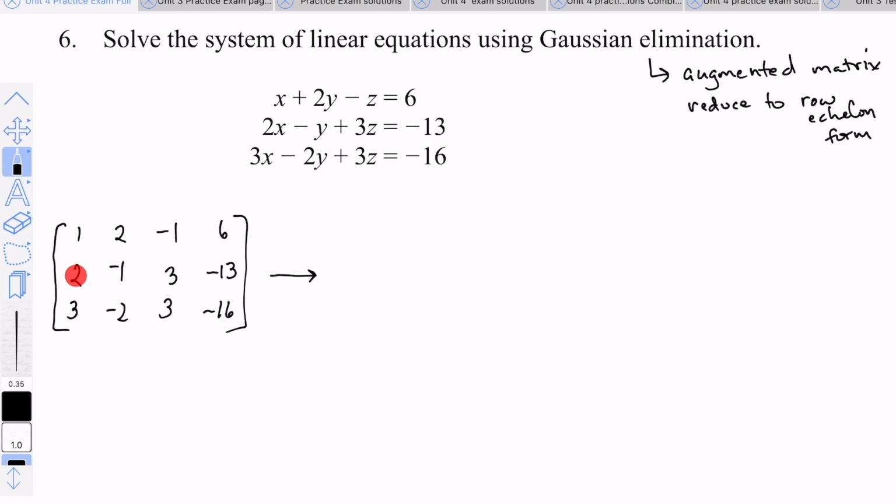Now, we need to add something to 2 that will make it equal 0, and that's obviously -2. So to create that value of -2, I'm going to multiply row 1 by -2 and add it to row 2. So -2 times row 1, add that to row 2 to become a new row 2. -2 times row 1 here creates -2.